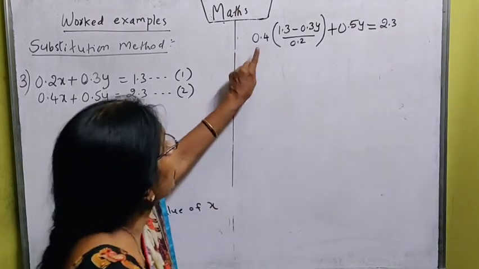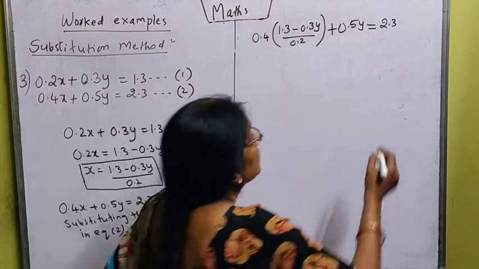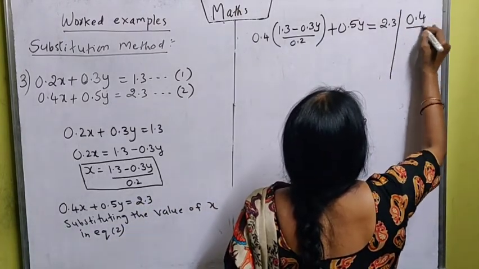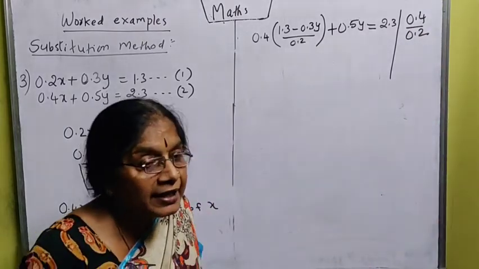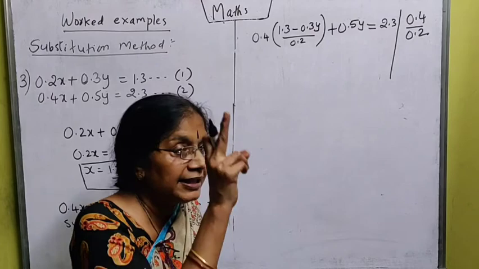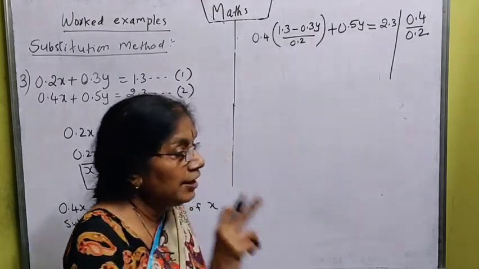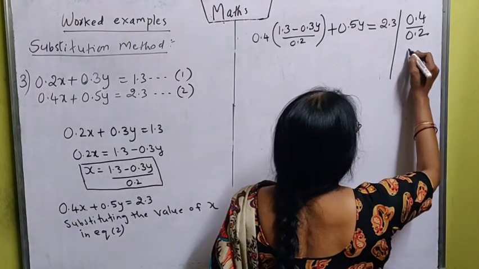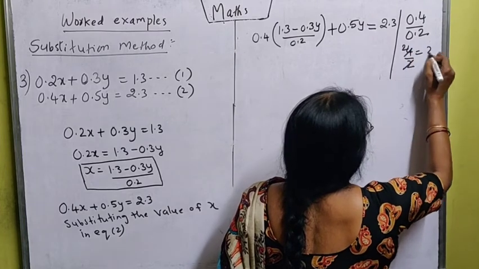Now pay attention here. 0.4 and 0.2. I will show you over here. 0.4 divided by 0.2. The numerator has a single decimal place and the denominator also has a single decimal place. You can remove the decimals, so it becomes 4 by 2, and you can cancel it to become 2.